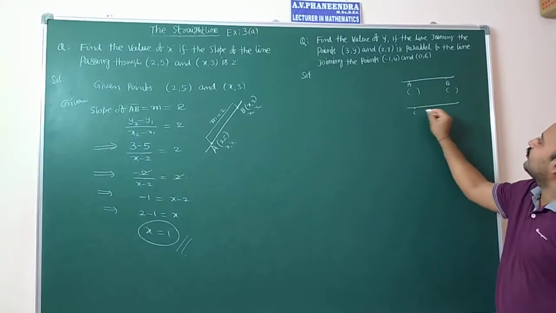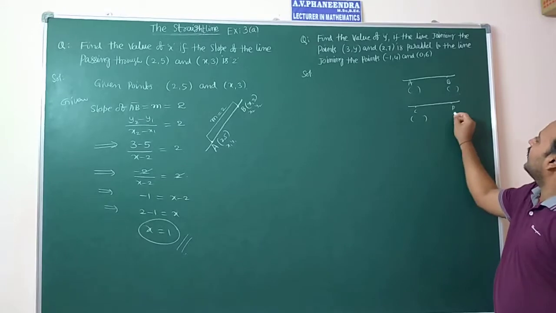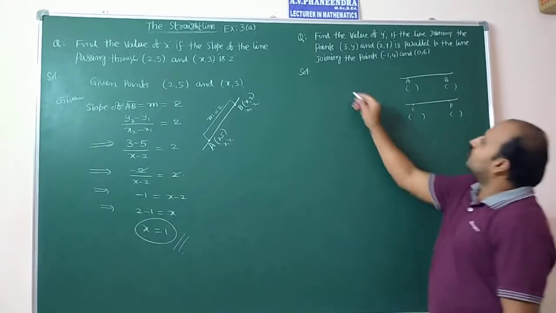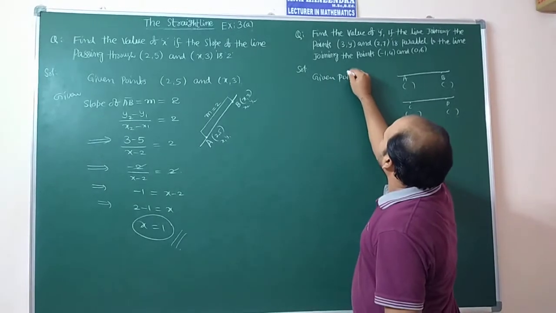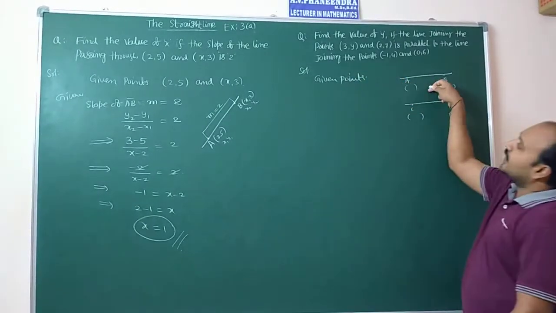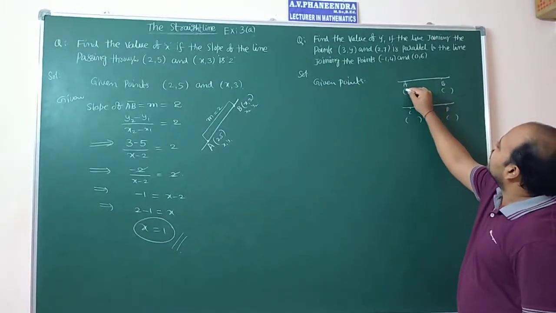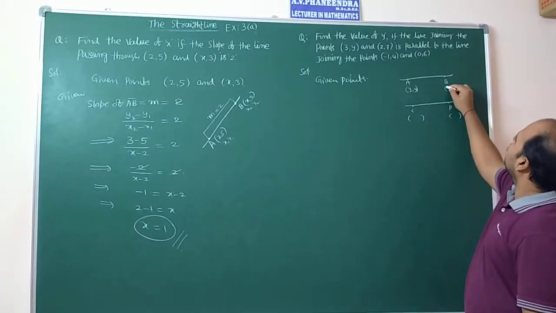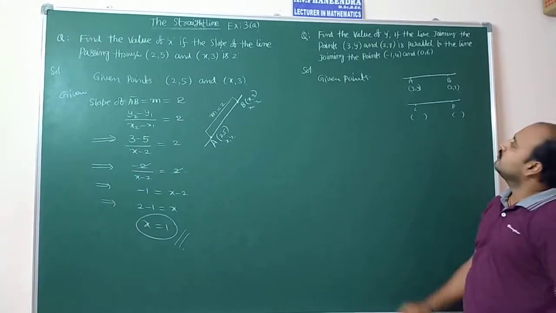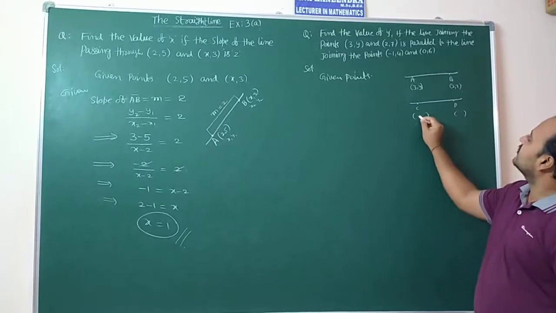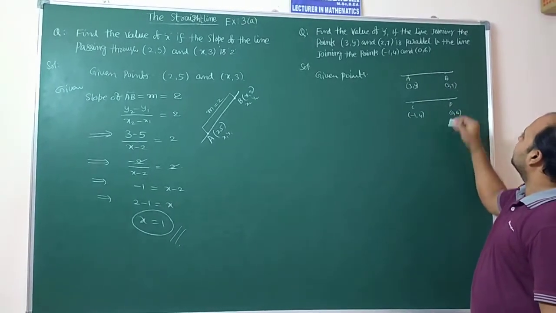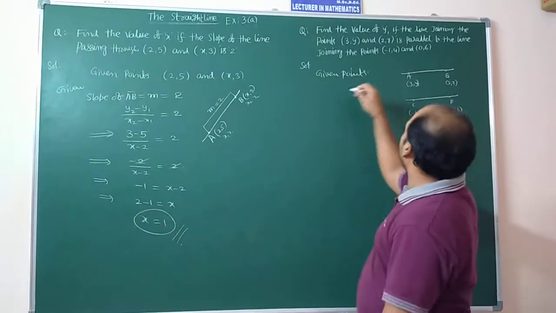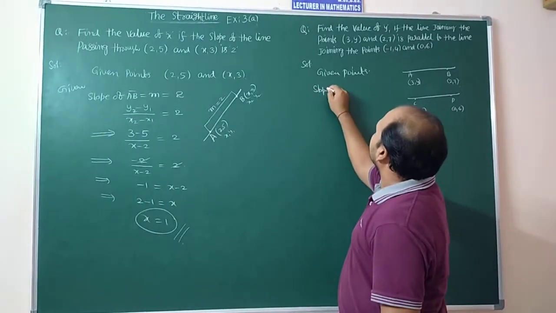Like this, take one set of points as A, B and another set of points as C, D. So the first set of given points is 3, y and 2, 7, and the other set is minus 1, 4 and 0, 6. Find the slope of AB and the slope of CD.